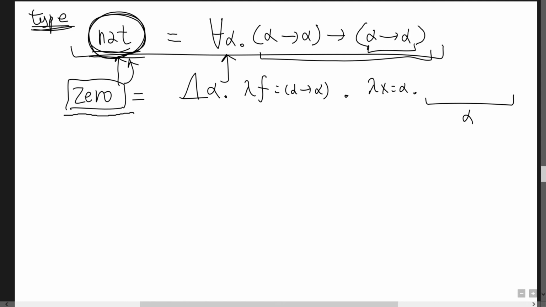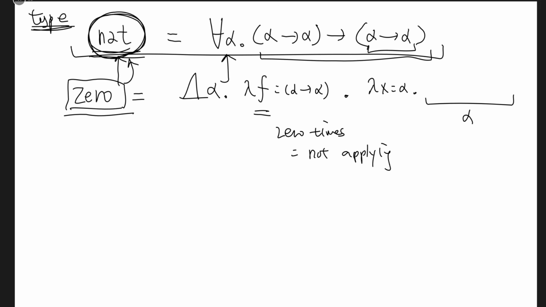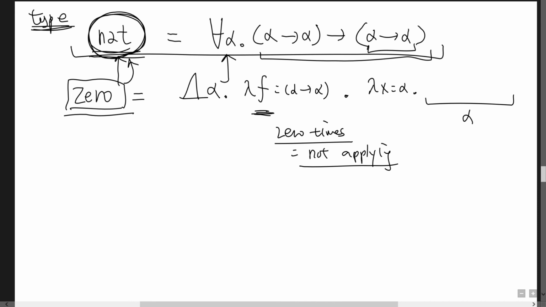But this 0 is the result of applying the function f 0 times, which is tantamount to saying that we do not apply the function. So this is the argument, and we do not apply the function f, so we just return x. This is the encoding of 0.